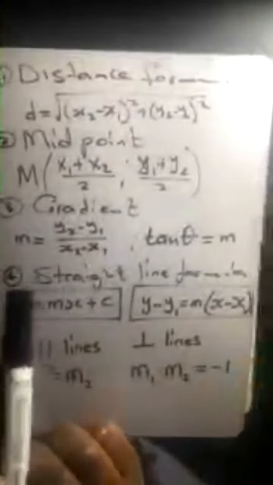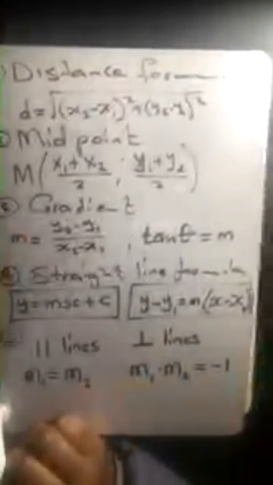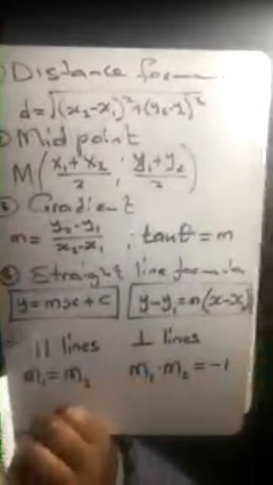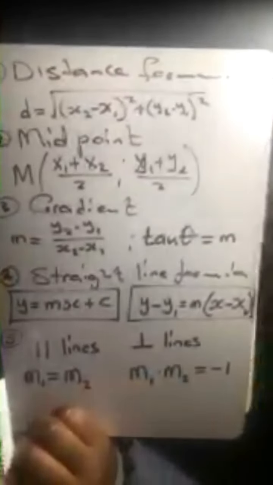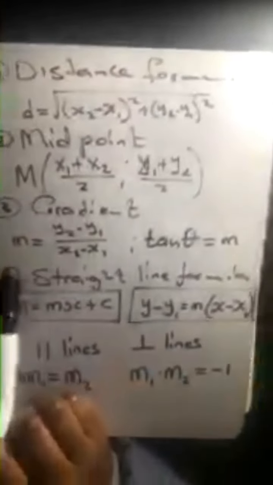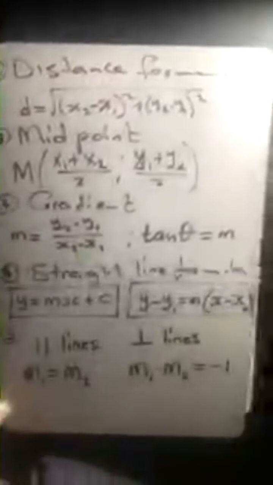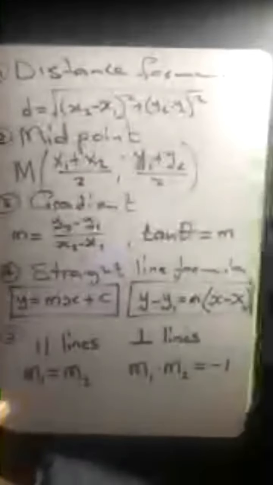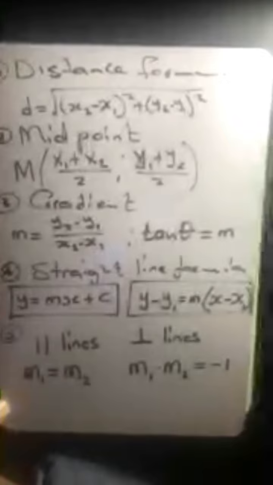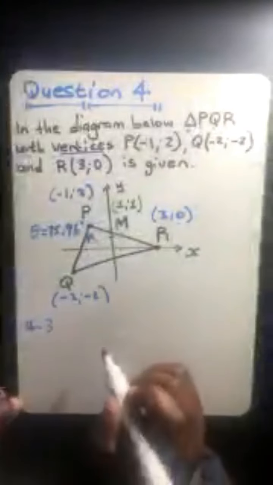We cannot talk about the midpoint because it's just a point in the middle of two points. We cannot talk about the gradient because the gradient tells us about the steepness or slope of a line. We cannot talk about a straight line because that gives us the formula of the straight line. So the only thing relevant to this question is the distance formula.